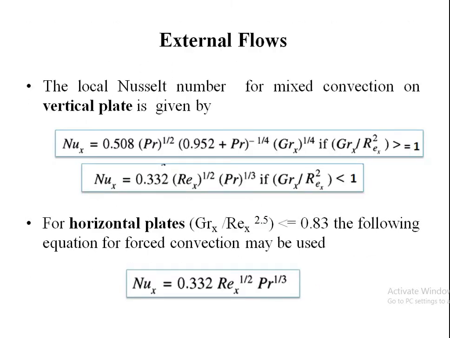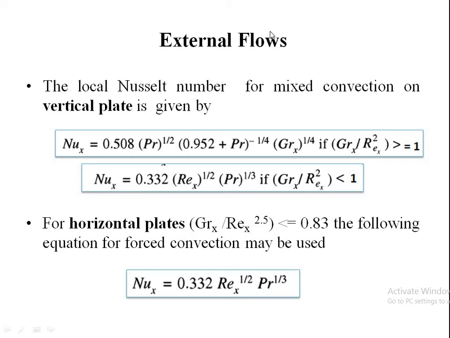Now this mixed convection correlation we have to check for external flows and internal flows. In external flows we consider flow over a vertical plate or a horizontal plate.